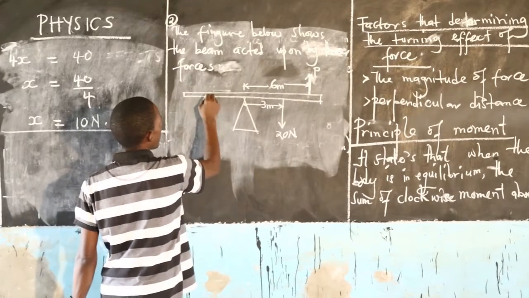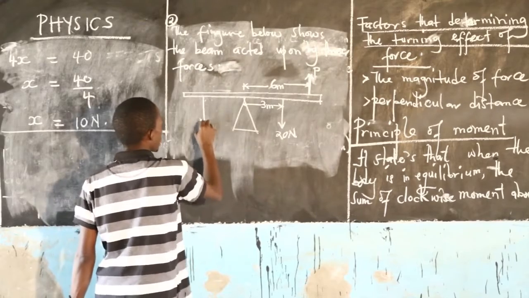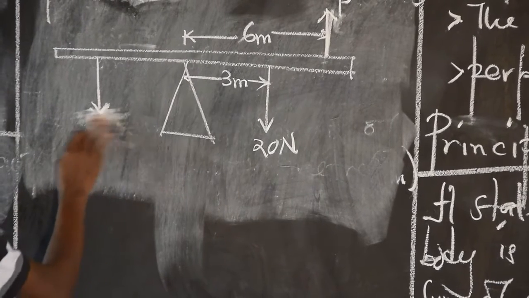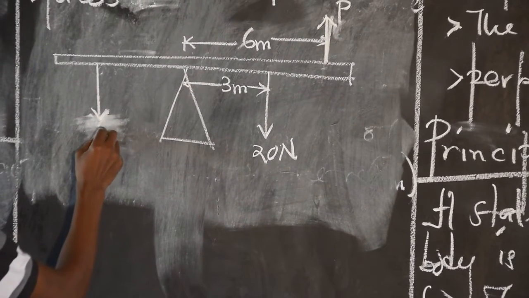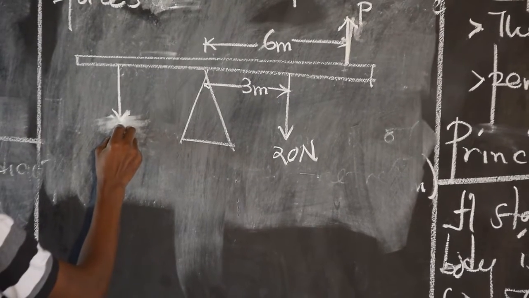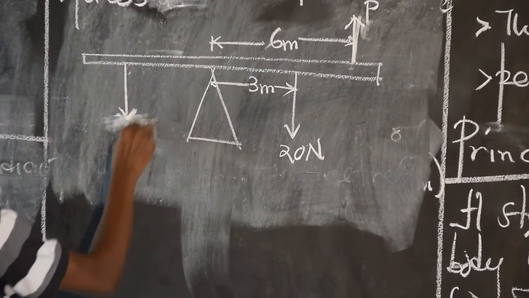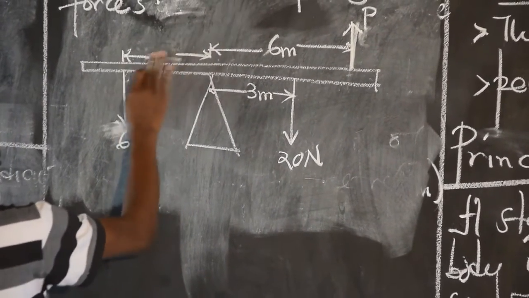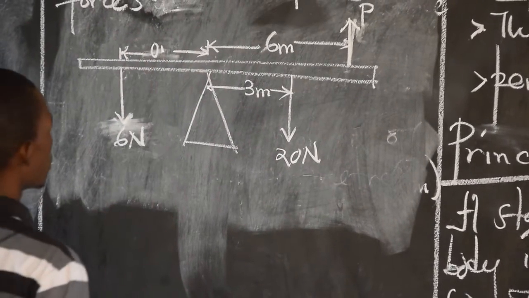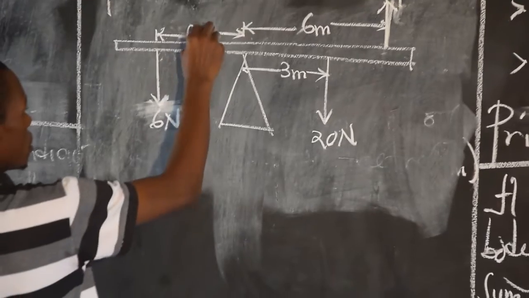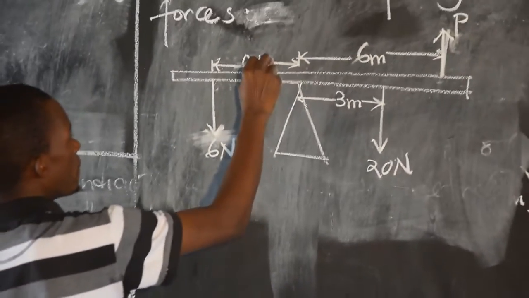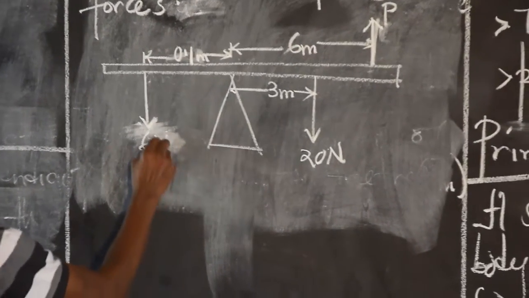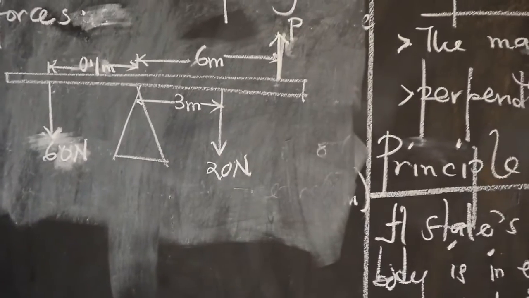We have another force this side, force which is 60 newtons at a distance of 0.1 meter.